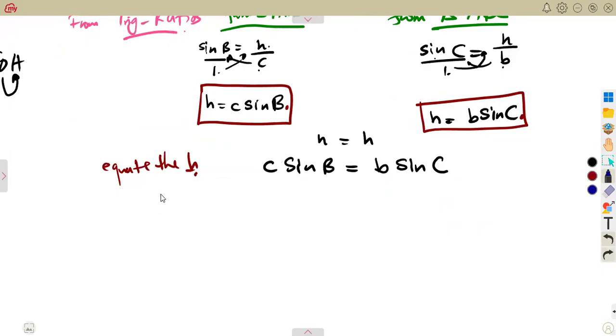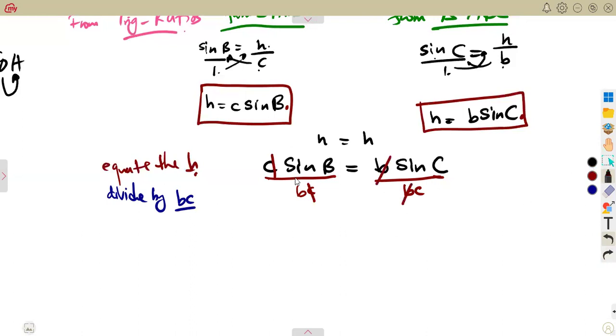So in this case, we are simply going to divide by this B and C, the C and B that you're given there. So divide by BC. I want you to see something. The moment you divide by BC, you are simply canceling the C and the C. This side, the B and the B cancel.